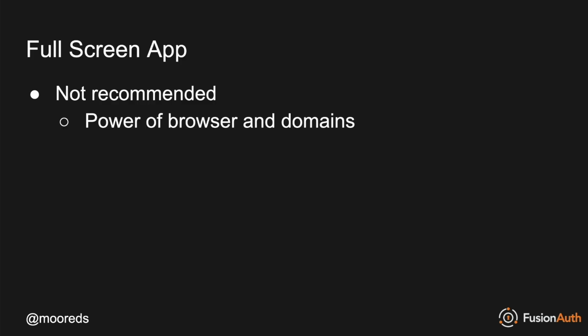People understand the browser security model, they understand domains, and they understand the lock icon. And so when they go to your website and see it says ubift.com, they're going to have trust that they're entering their credentials into a website that's controlled by you.